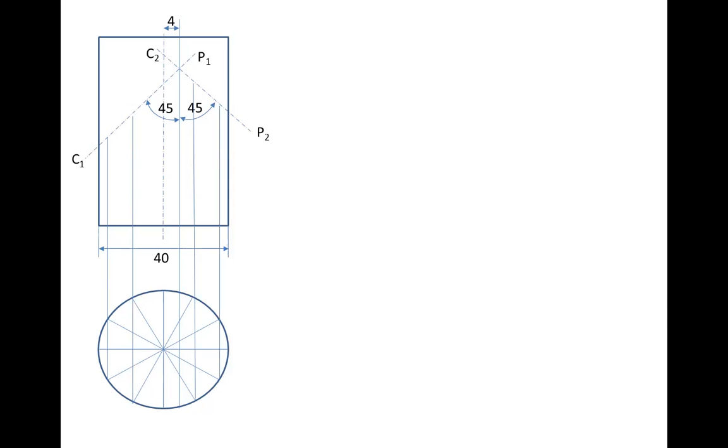Now label the different points we are getting. Label these points 1, 2, 3, 4 up to 12. We have made 12 equal parts. Project all these points in the front view, because only in the front view you can see the exact height of each of the generators.